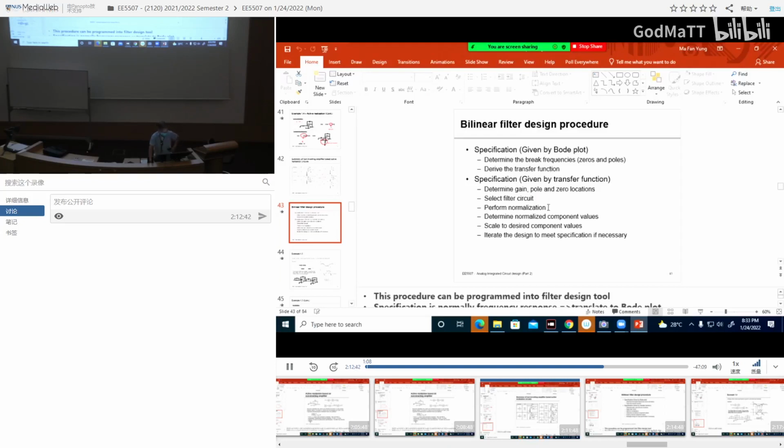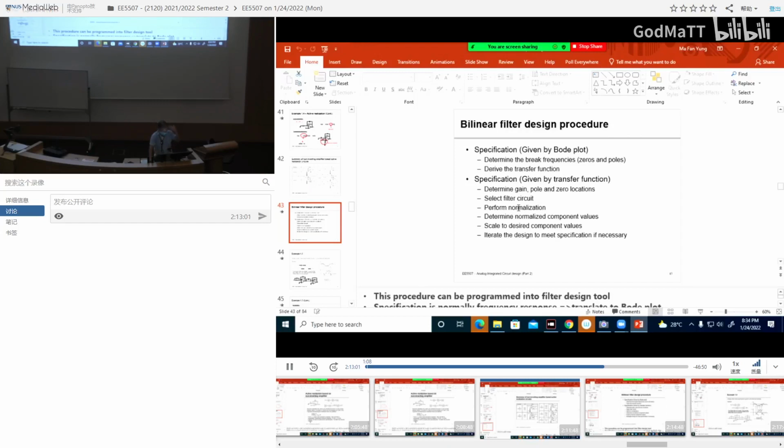Then we can determine the gain, pole, and zero location, select what type of circuit we want, the op-amp, what is Z1, what is Z2, and then go through the same process.